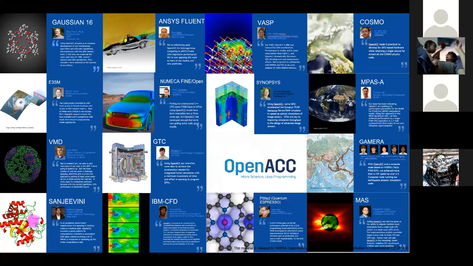One of the latest is VASP, a chemical code, where first a CUDA version was produced, and then they moved to OpenACC. They are quite happy, and performance is much better with that. Also, if we have time, I will speak a little bit about GTC. One of my colleagues did a port with OpenACC, and this is maybe something which could interest you in the context of EUROfusion.